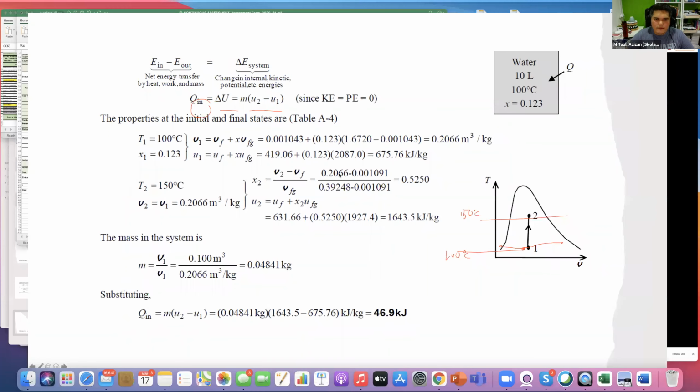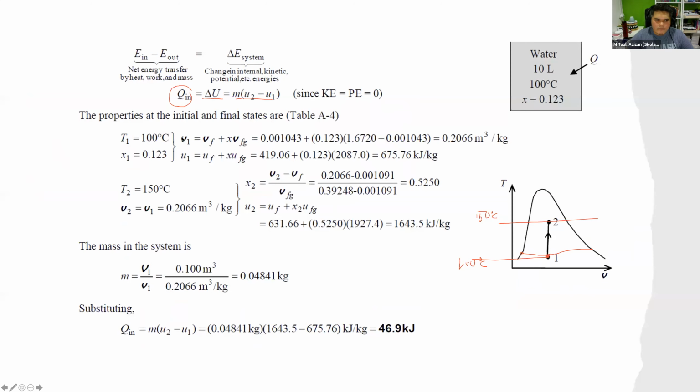For the mixture, we use this particular equation: v1 equals v_f plus x v_fg. The x is 12.3% from earlier, 0.123. v_fg we can calculate, it is given in table A4, and the v_f value we can also get from table A4.